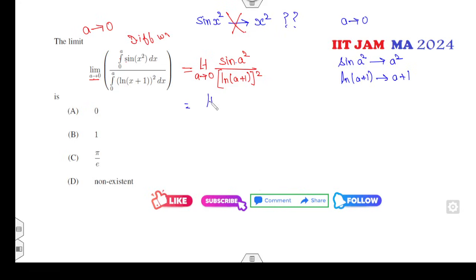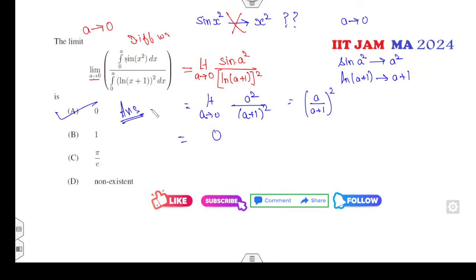So that will be limit a approaches 0, a square over (a plus 1) whole square. Now clearly, what is the limit? Once you substitute a is 0, the limit will be 0. That is the right answer.